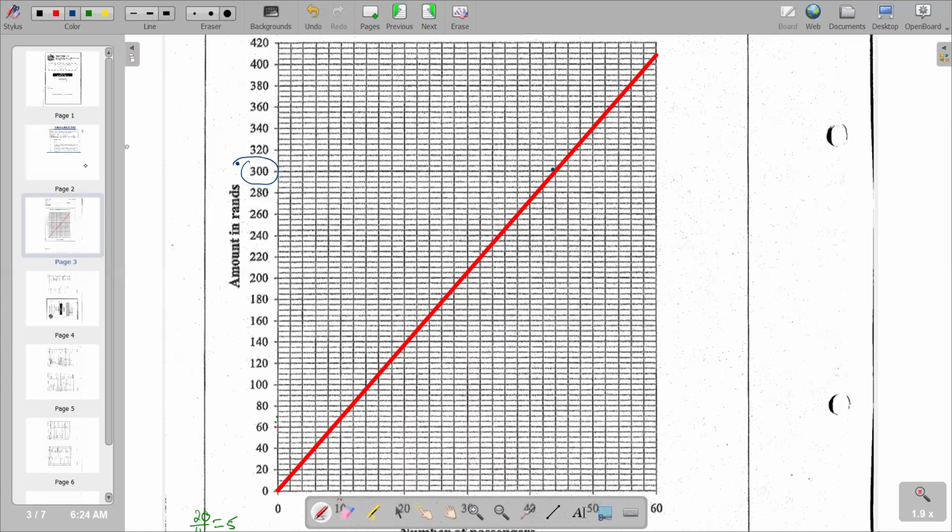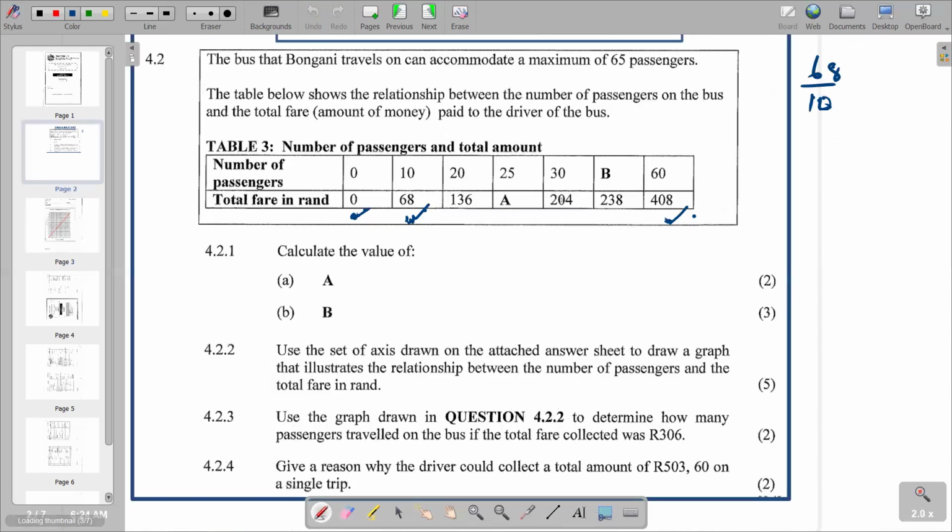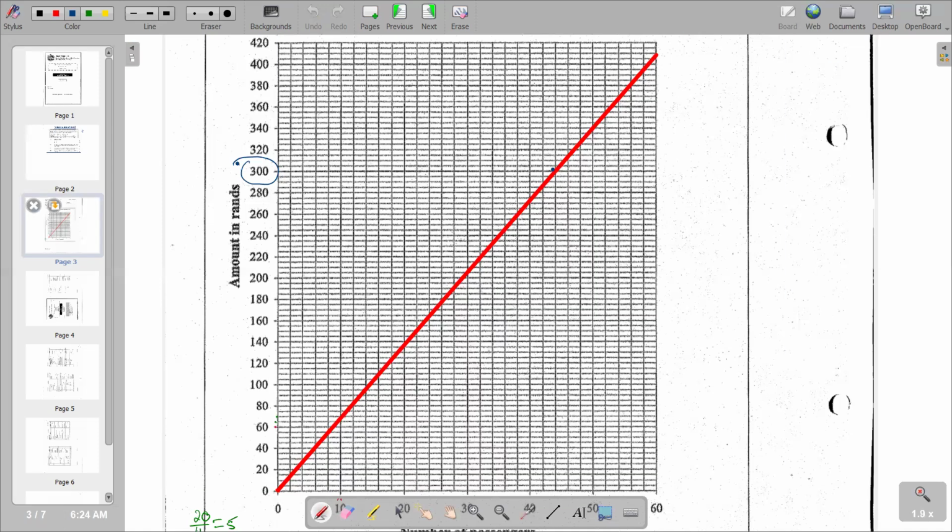306, we refer back. We see that 306 is just above 305. So we are saying it's somewhere here.